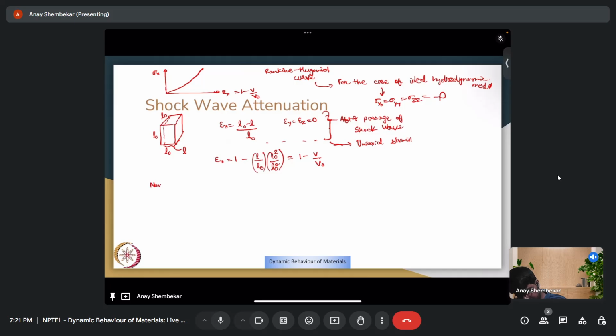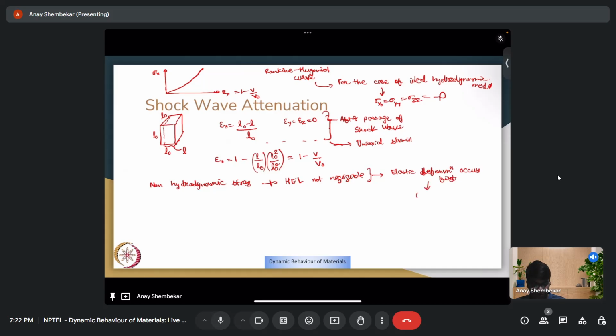When you have a non-hydrodynamic case, non-hydrodynamic stress, with HEL, the Hugoniot elastic limit, not negligible, then you have a case where elastic deformation occurs first, and only then plastic deformation.